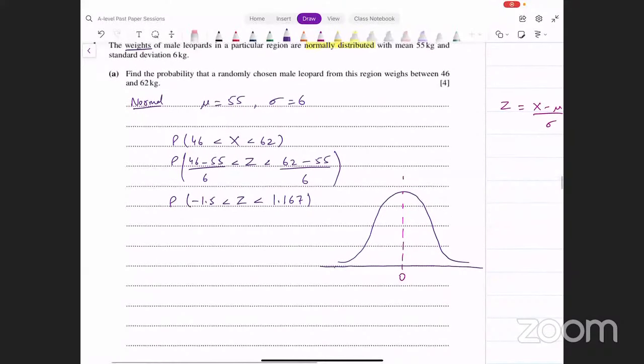What values of Z do we have here now? एक value negative है, that's minus 1.5. एक value positive है, which is 1.167.